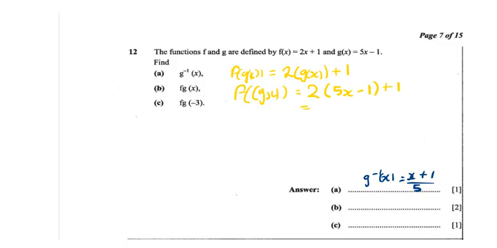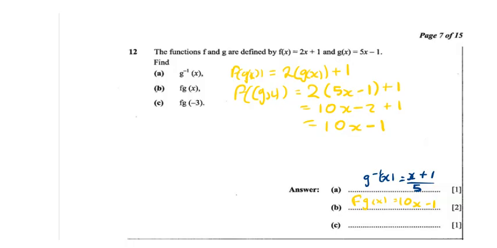So this will be equal to 2 multiplied by 5x, it is 10x. 2 multiplied by negative 1, it is negative 2, plus 1, which is equal to what? 10x, negative 2 plus 1, it is negative 1. So your fg of x is equal to 10x minus 1, like that.